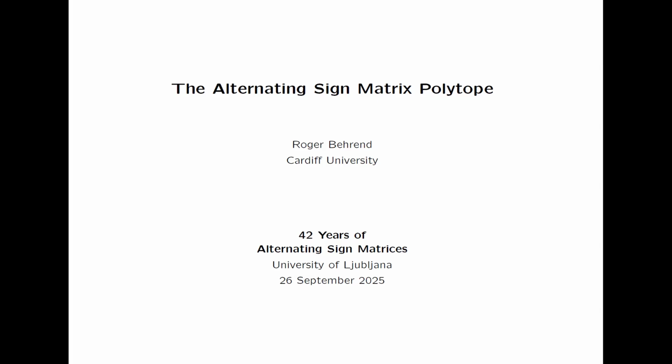Back then, I was just starting to advise a PhD student called Vince Knight, and I thought an interesting topic to look at would be the ASM polytope. And at the same time, Jessica was starting a PhD with Dennis Stanton, and also Jessica decided to look at the ASM polytope completely independently of myself and Vince.